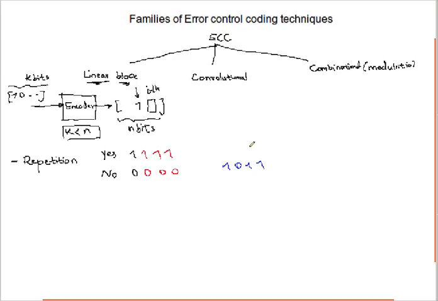You can tell that it's more similar to 1111, which is yes, and then you have the ability to correct these bits to 1. This is the idea of the repetition method and repetition coding.